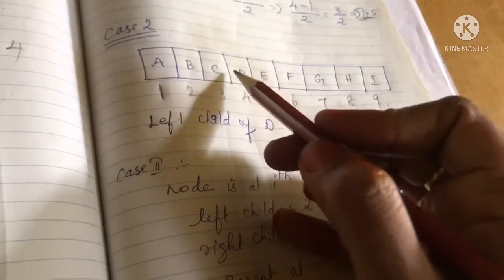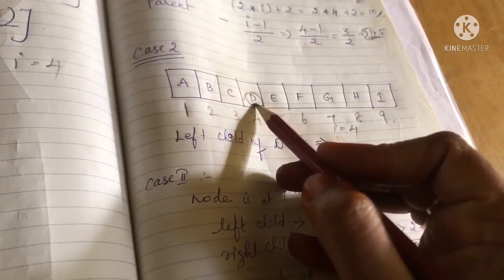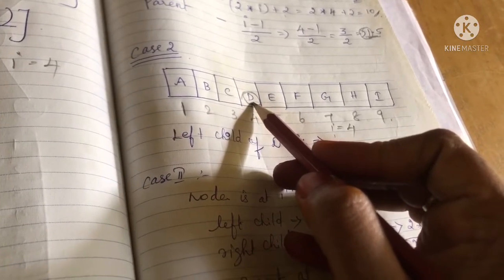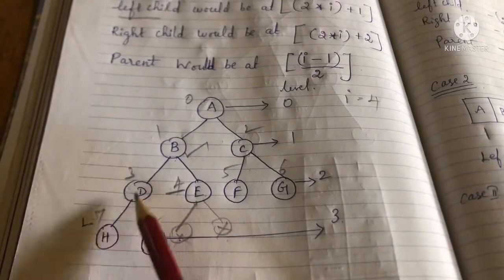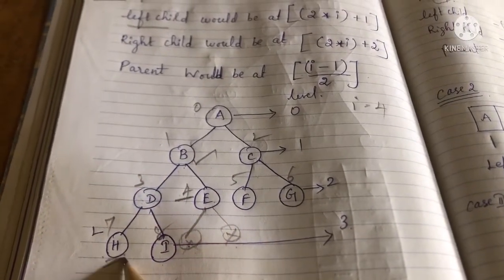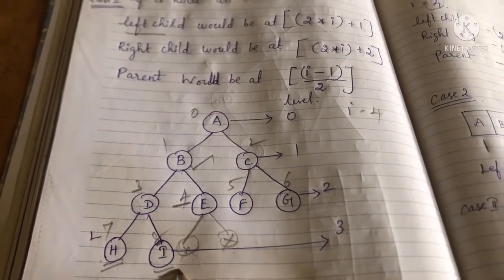Here the ith one is D. The left child of D is H, and the right child of D is I.